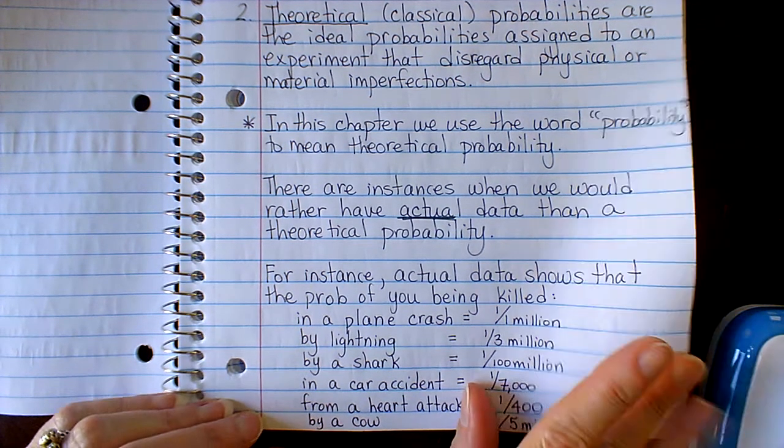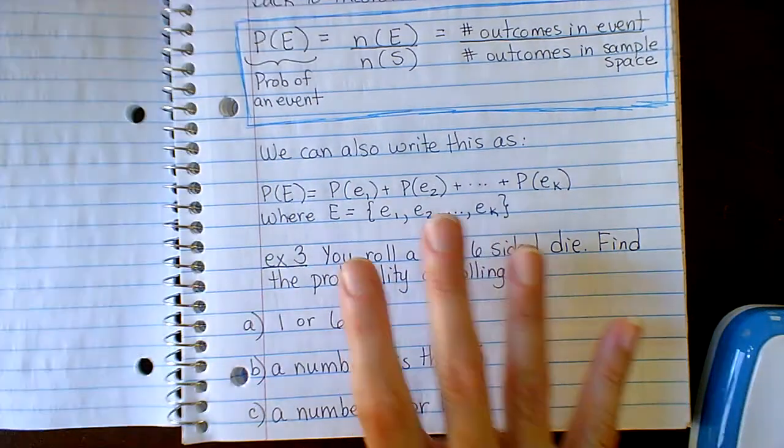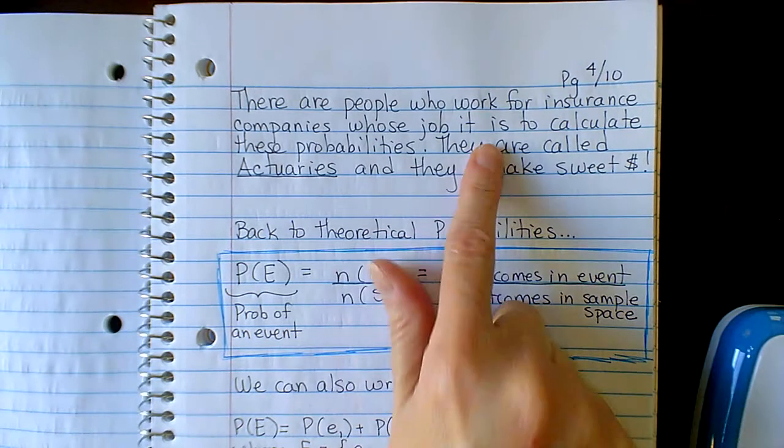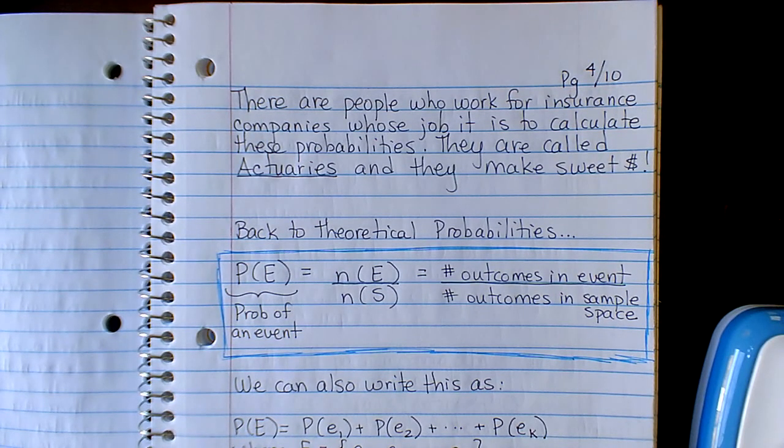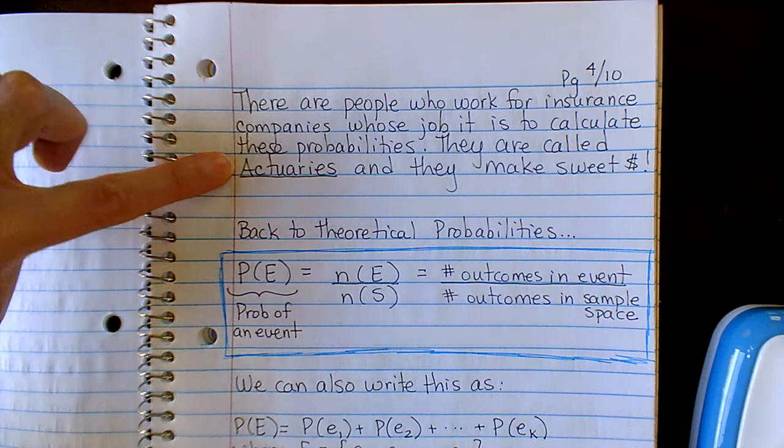Now, there's actually people whose job it is to come up with it. Oh, look, hey, I put it up there. There's people whose jobs it is to come up with this data, right? They work for insurance companies, and they calculate these probabilities. They collect all this data, and so they're called actuaries.